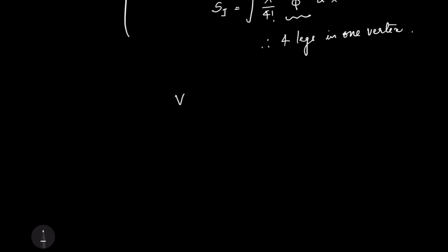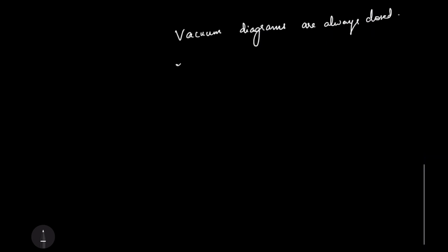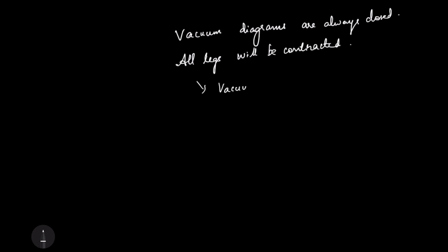And these vacuum diagrams, we have seen already, are always closed, and all the legs will be contracted. Therefore they are also called vacuum bubbles.